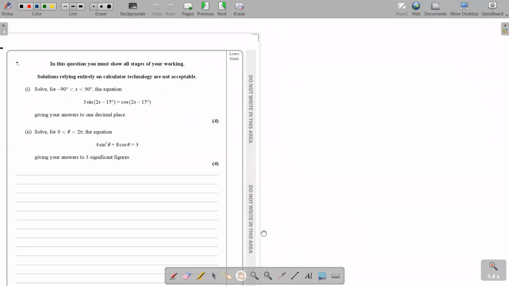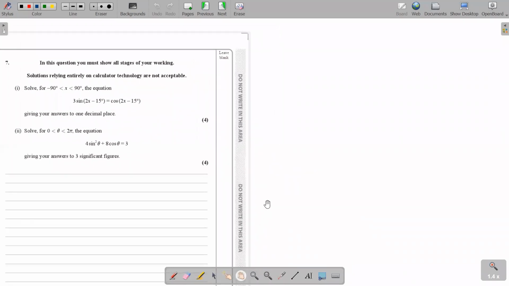One thing that you could do here to make your life simple, if you can't see it immediately, is that there is actually a very easy method: we can convert this into a tan. However, if you can't see that, you can say, let 2x minus 15 be equal to theta. So we can do a small substitution like this to make our life easier.